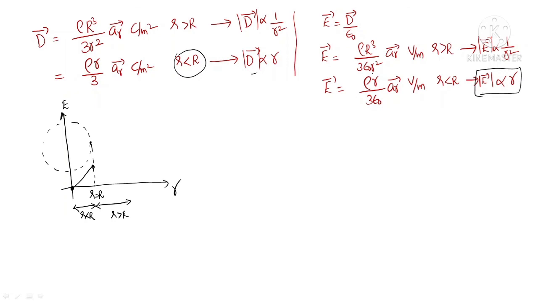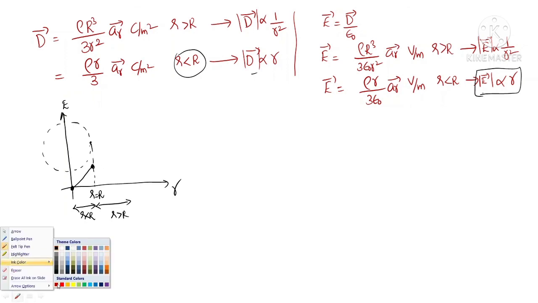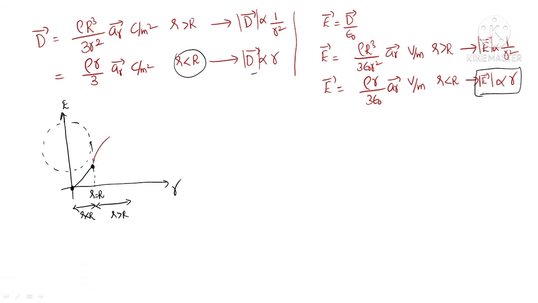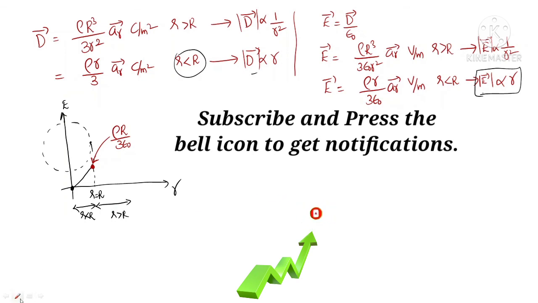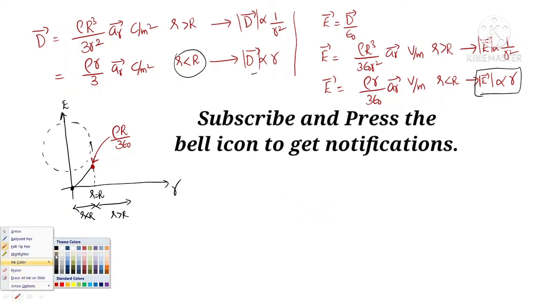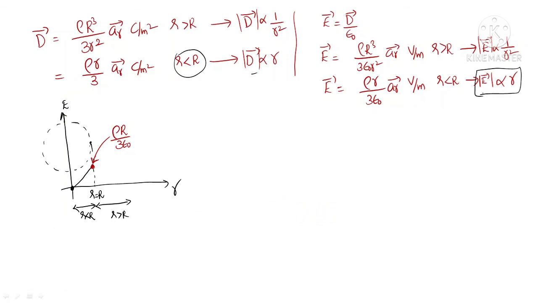And if you observe the electric field intensity, what is its value? The maximum value of the electric field intensity is at the surface, and its value is rho into capital R by 3 epsilon naught. This is the value which it reaches when increasing from 0. Okay, and beyond the sphere, meaning outside the sphere, the field is having the relation like this.